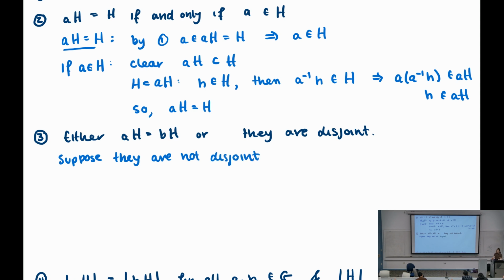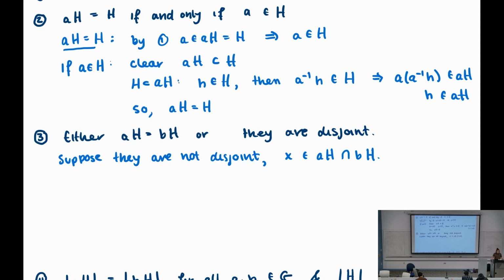Then it suffices to show that AH is equal to BH to prove this statement. So let's suppose that there is an x that's in their intersection, so x is in AH intersect BH.